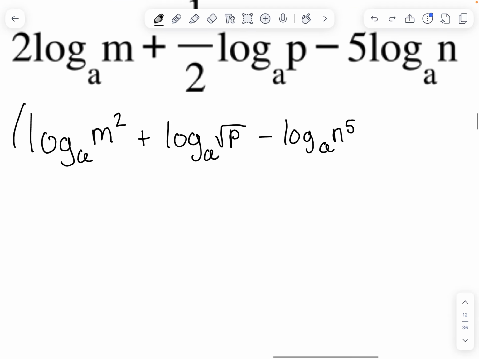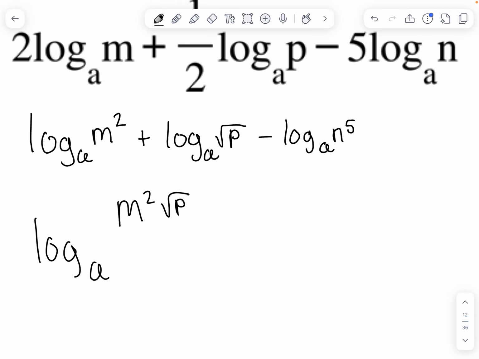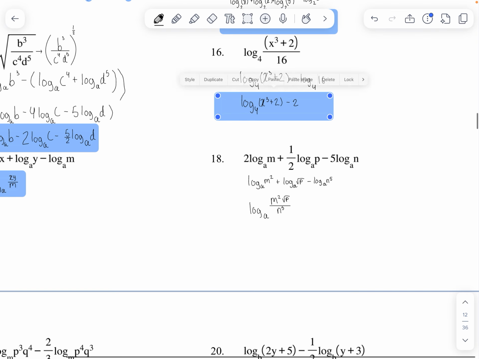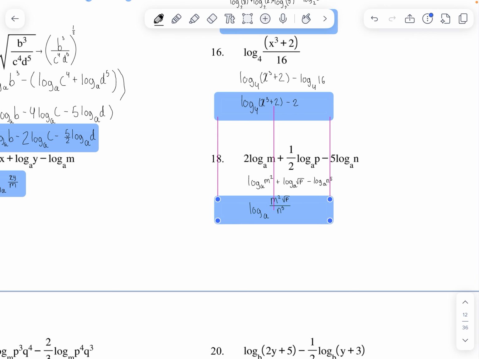And now, since this is a group and this is a group, this becomes log base a of m squared root p over n to the power of 5. And this is our second answer.